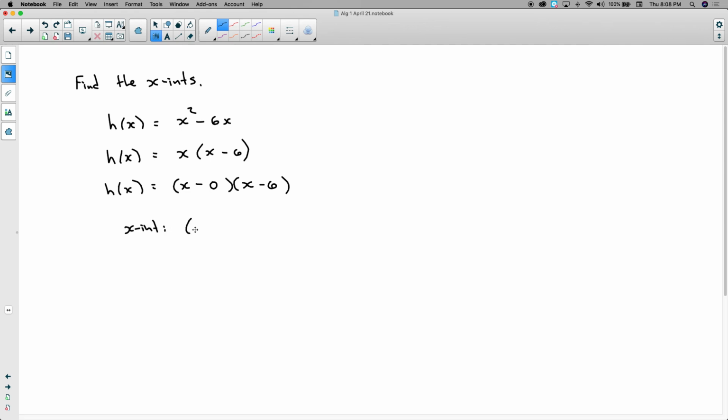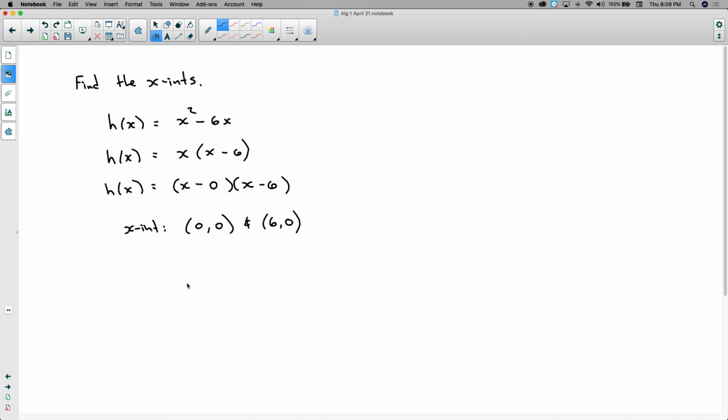And the intercepts would be 0, 0 from this one, and 6, 0 from that one. So that is the origin, but the origin is one of the x-intercepts. Okay, so I won't go on to find the vertex and graph on this one, but I wanted to show you one that I thought might be a little problematic because that's kind of a tricky little extension of the conversation.